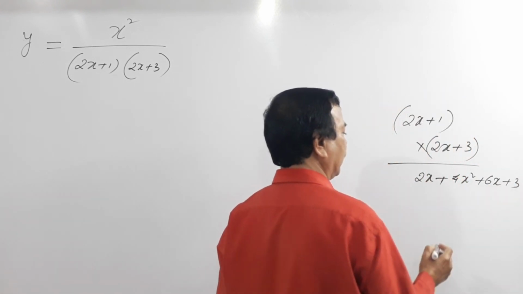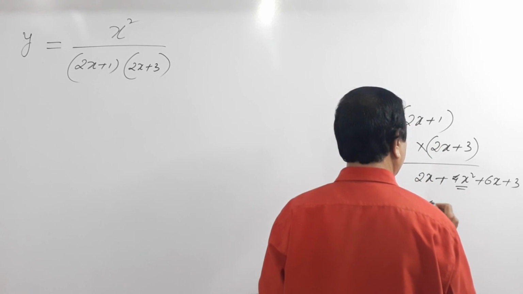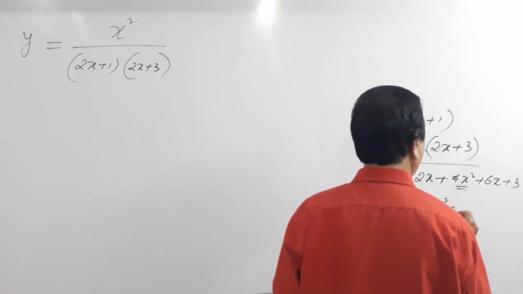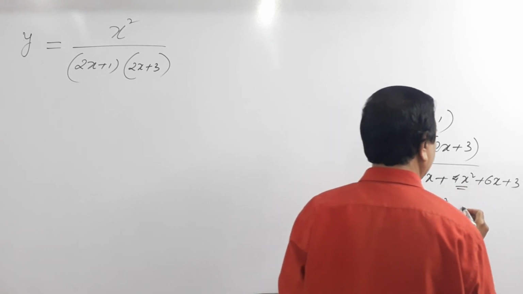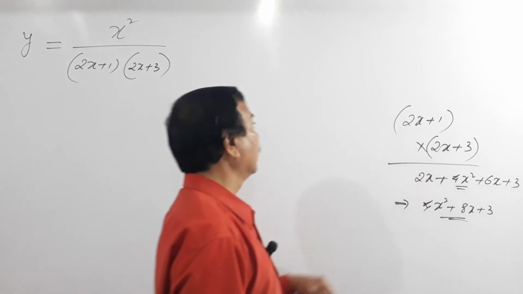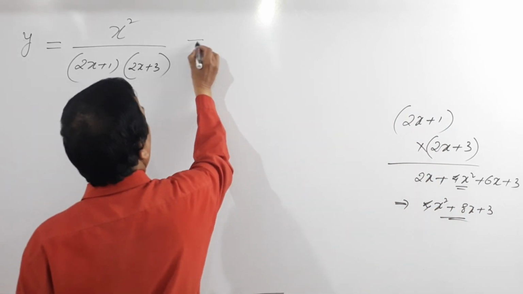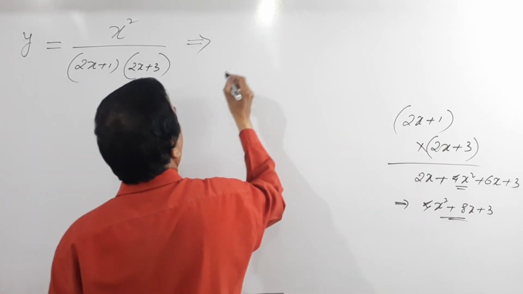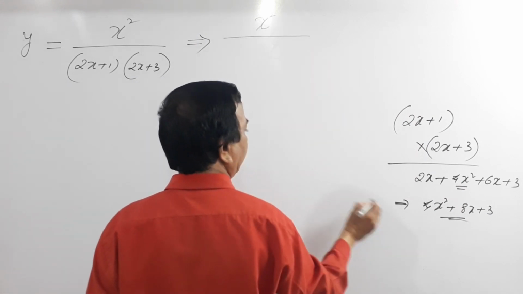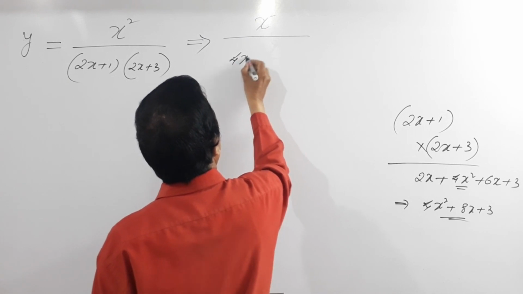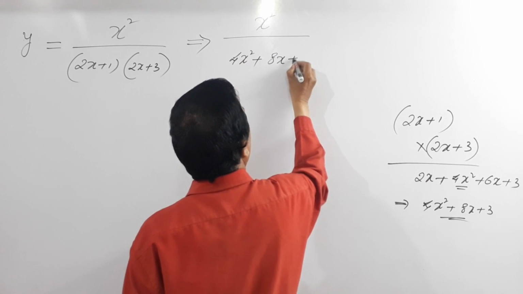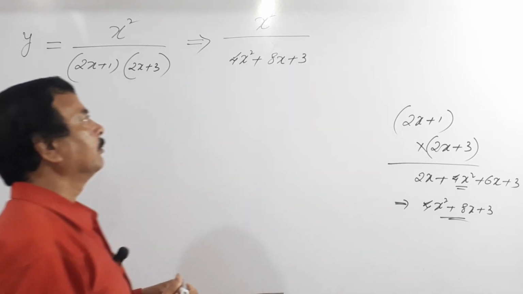I'll rearrange this properly, taking the highest order first: 4x square plus 2x plus 6x is 8x, plus 3. So this can be written as y equals x square by 4x square plus 8x plus 3.